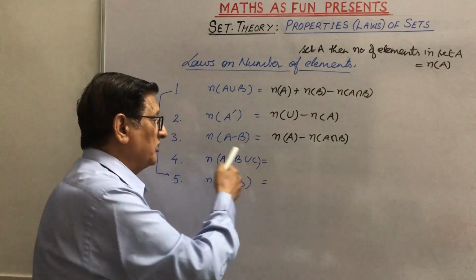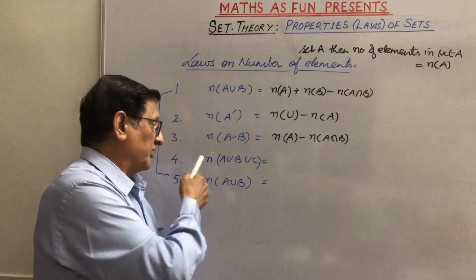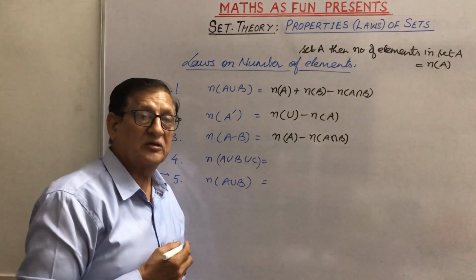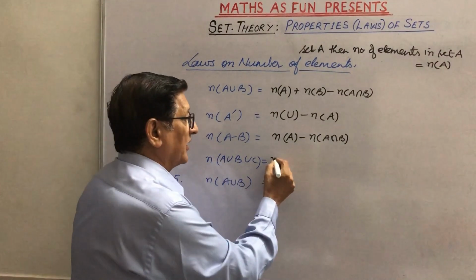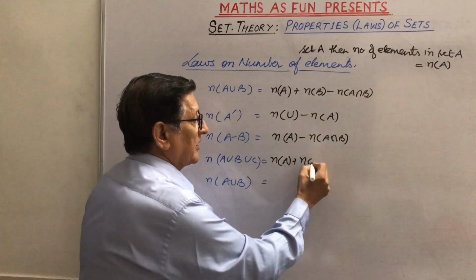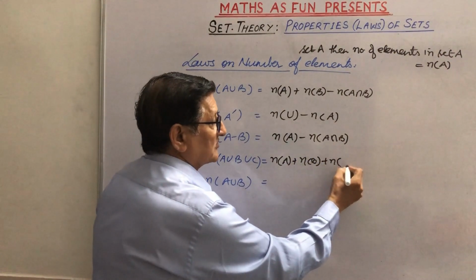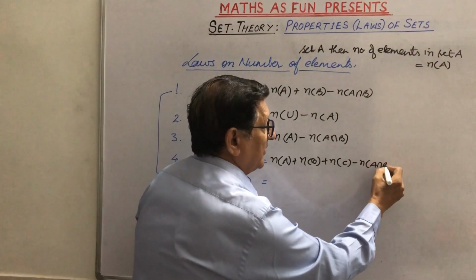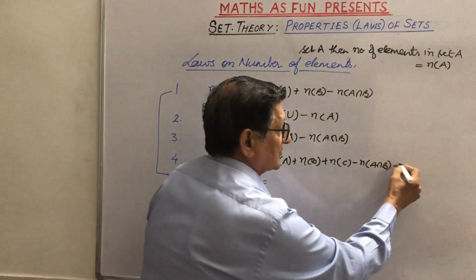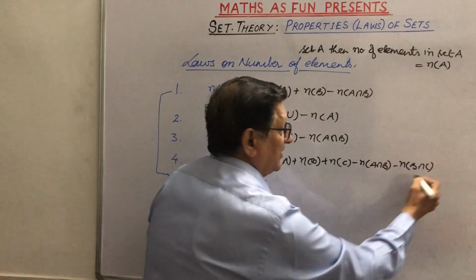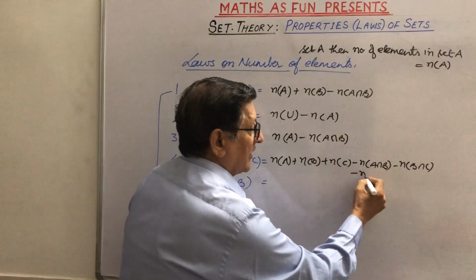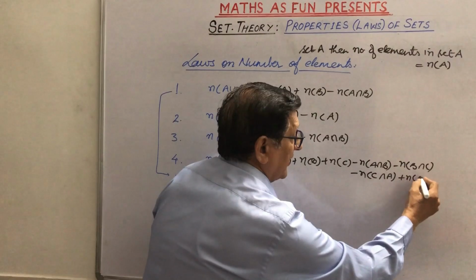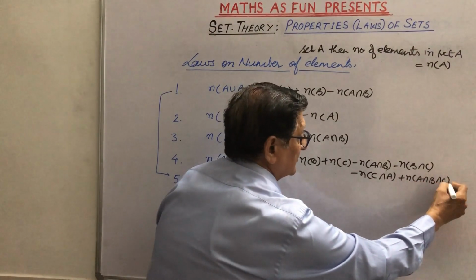n(A union B union C), in case we want to find out the number of elements in the union of three sets A, B and C, that can be found by n(A) plus n(B) plus n(C) minus n(A intersection B) minus n(B intersection C) minus n(C intersection A) and plus n(A intersection B intersection C).